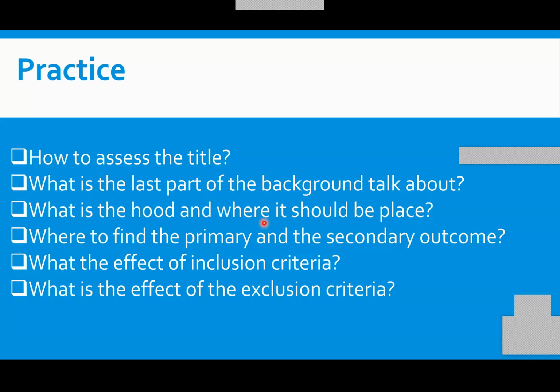Exclusion criteria is selection. Let me answer it. The exclusion criteria will affect your bias. If you have lots of exclusion criteria, you get less bias. If you decrease your exclusion criteria, you'll get more bias.